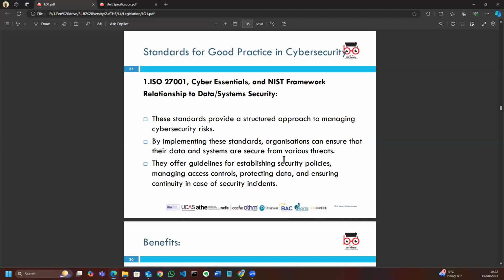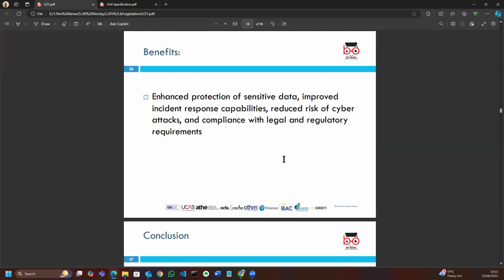So we also have standards for good practice in cybersecurity. One of them, as we mentioned, is ISO 27001, Cyber Essentials, and the NIST framework relating to data system security. These standards are going to provide a structured approach to managing cybersecurity risks.